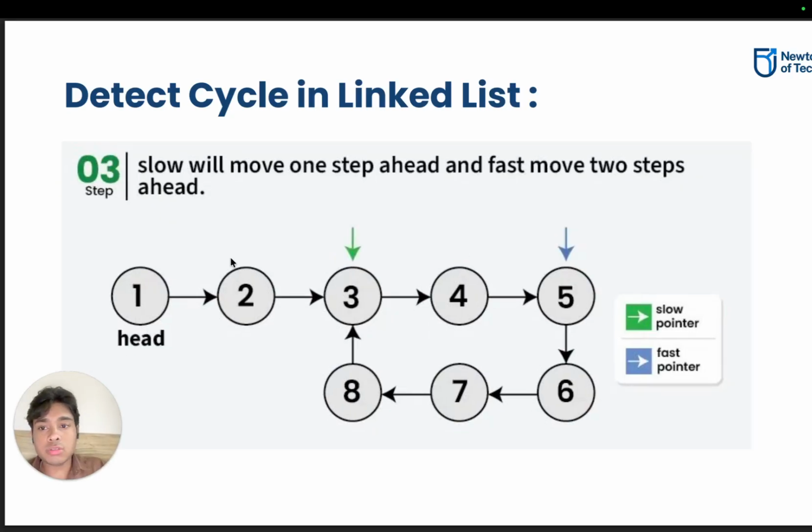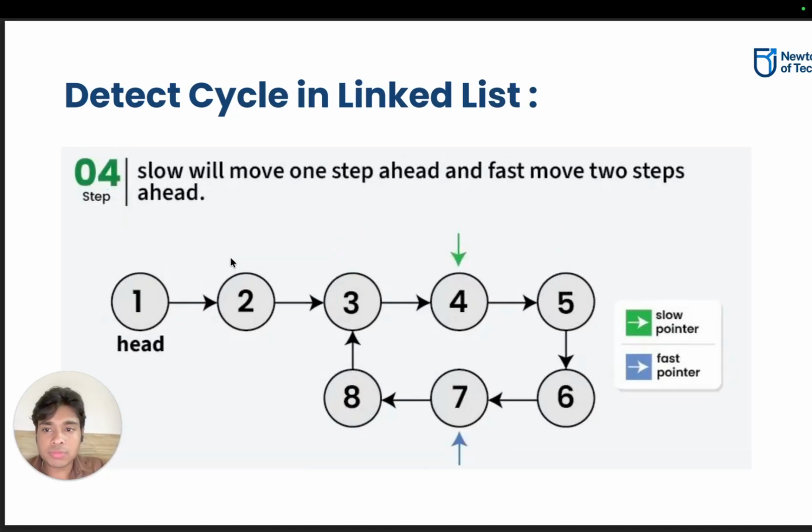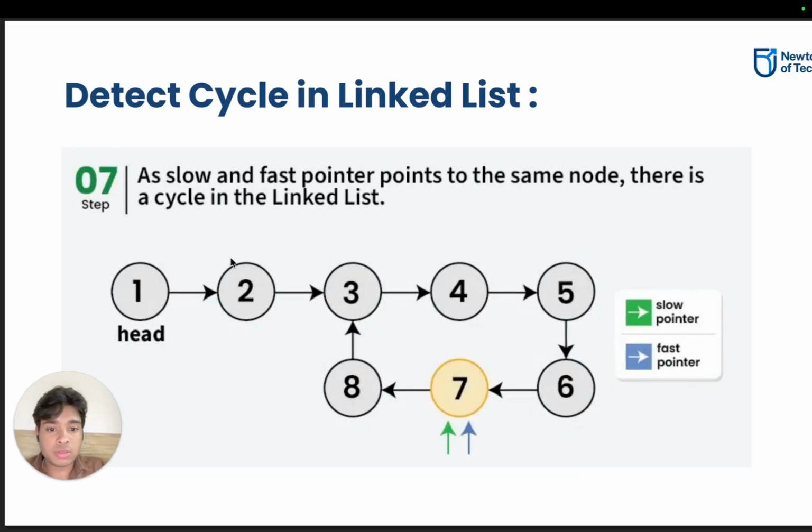And you can read also, slow will move one step ahead and fast will move two steps ahead. The same line is written, as I told you. So we will continue this process. Now you can see the slow and the fast pointer are at the same position. The node containing the value 7, both pointers are pointing to the same node.